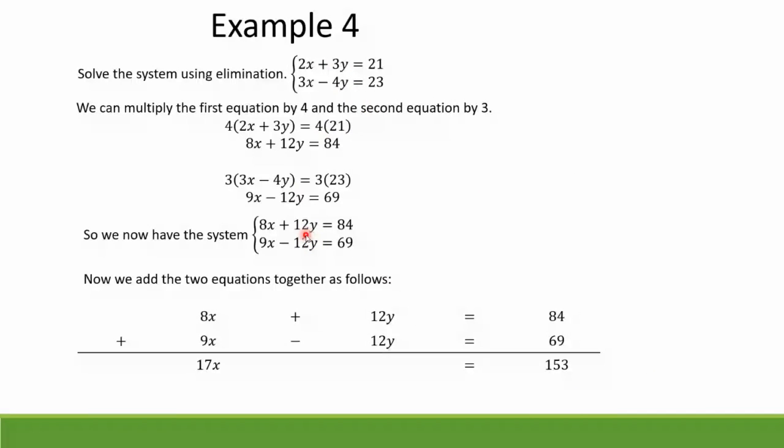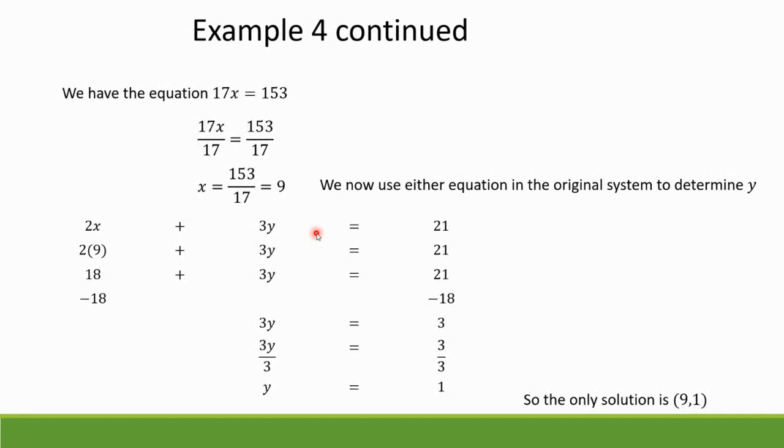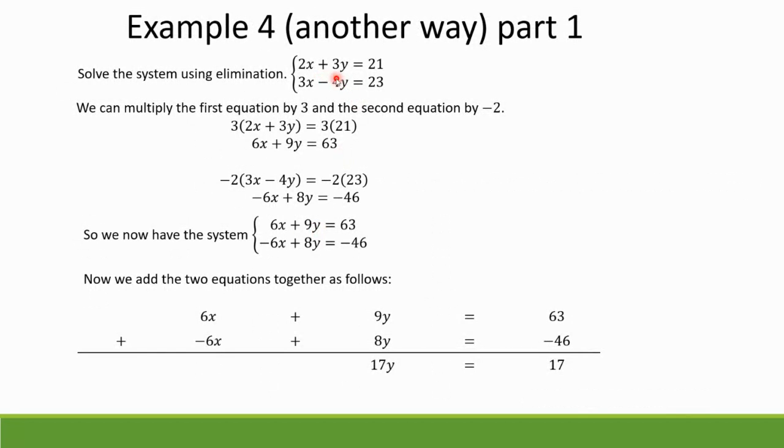Now, is that the only method you can use here? No, of course not. Here, I'm going to show you another thing you can do. Still elimination, right? What else can we do? Well, looking at x now, if I multiply the first equation by 3 and the second equation here by negative 2, is that going to help us?